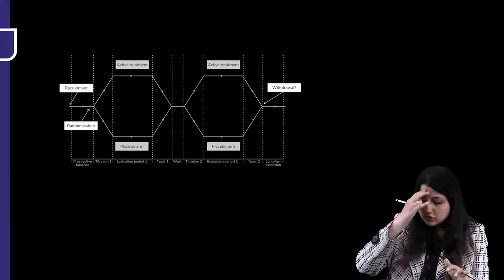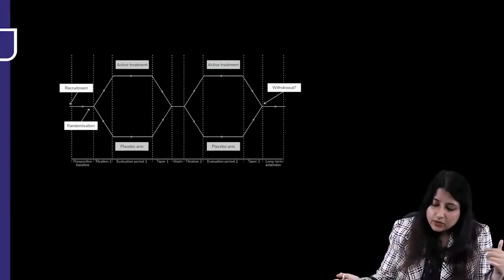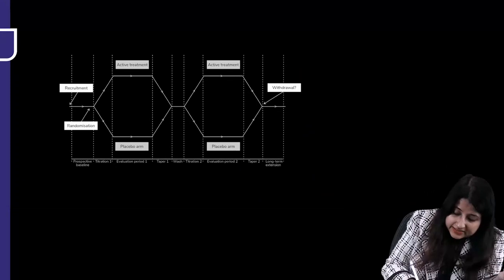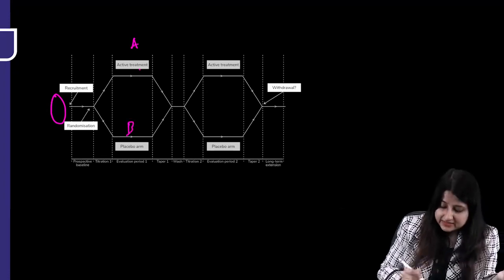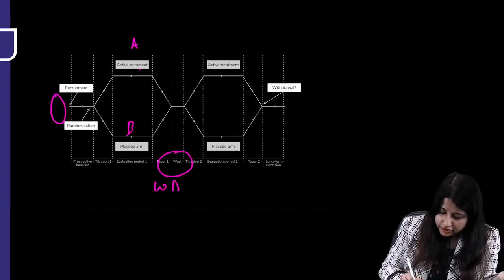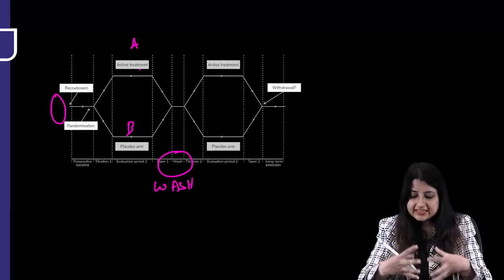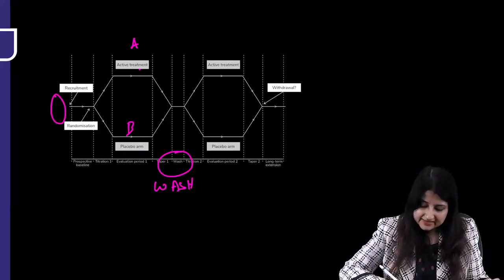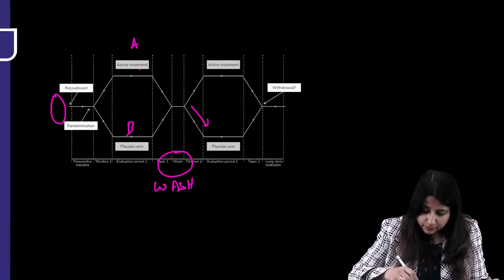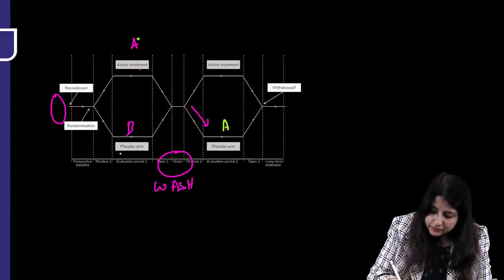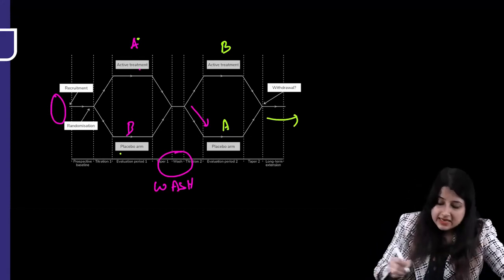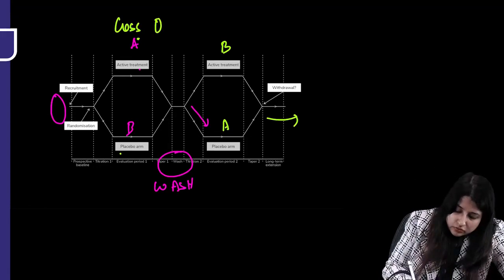Okay, all right. Now look at this study design. What is this study? Please remember, we started with a group. We divided them into, let's say, A, which got active treatment, and B, placebo. Then there is a washout period. That means we took these groups on their respective treatments and crossed them over. The group which was getting active treatment is now getting placebo, and the one that was getting placebo is now getting the active treatment, and then we are analyzing. So this is actually a crossover trial.